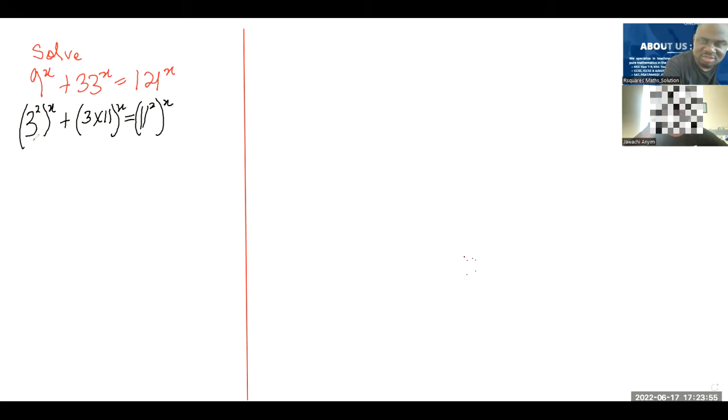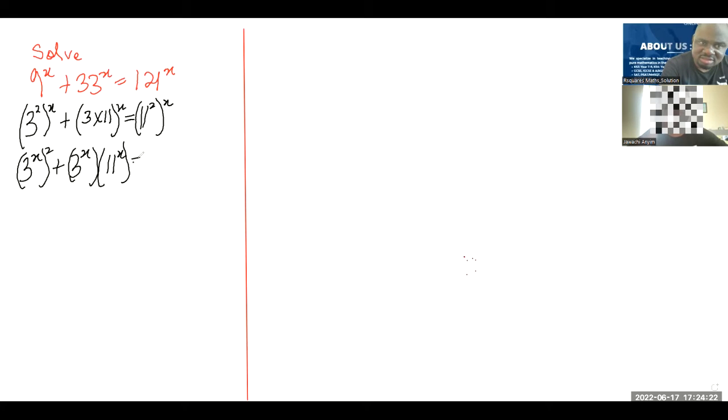Now we can rewrite 3 squared to power x as 3 to power x bracket square, plus we can separate 3 times 11 to power x as 3 to power x times 11 to power x.